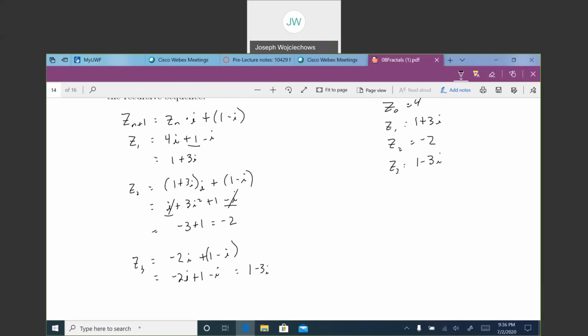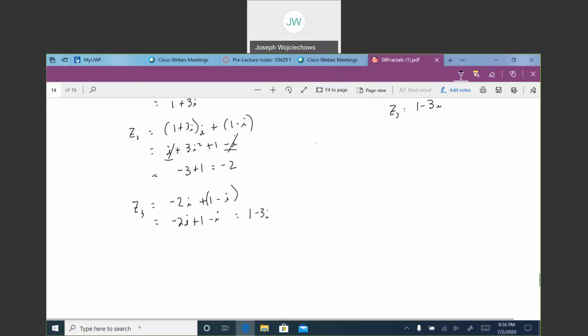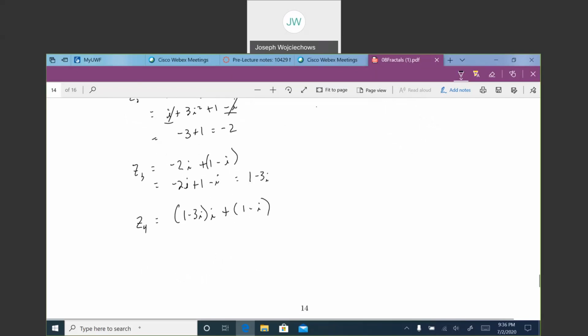Now we look at z sub 4 and see what we get. We have room here. Z sub 4 would be equal to z sub 3, which is 1 minus 3i, times i plus 1 minus i. Now let's do our multiplication here.